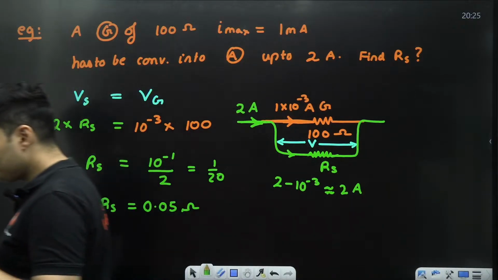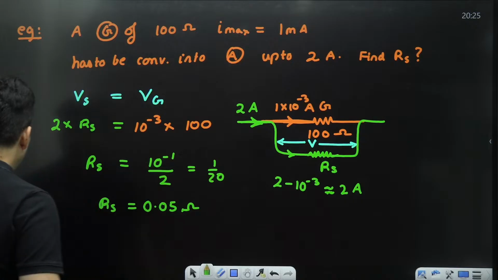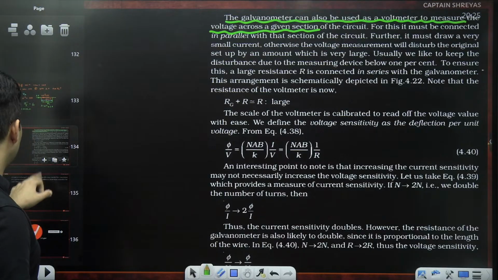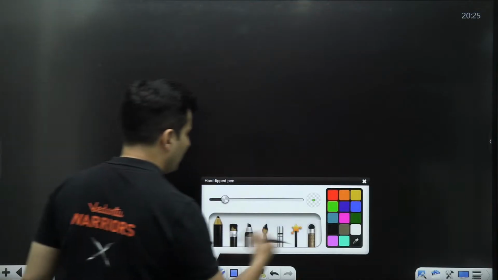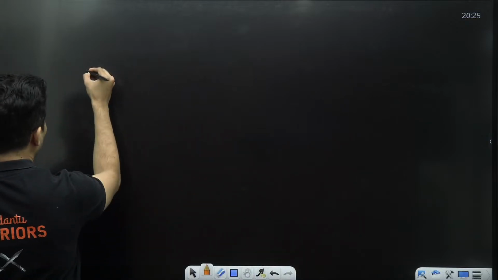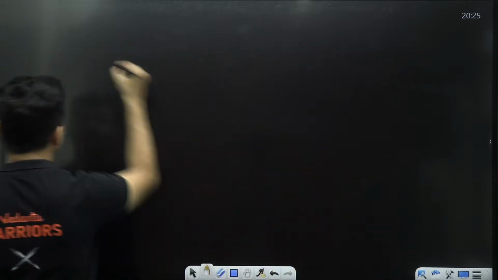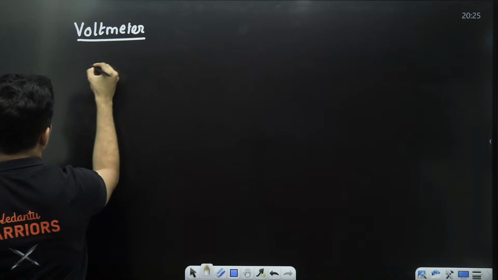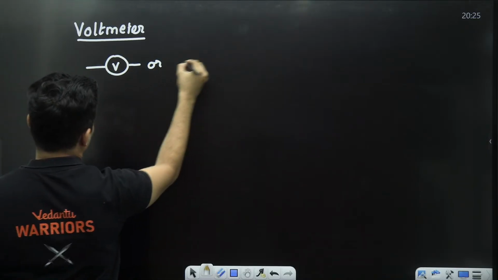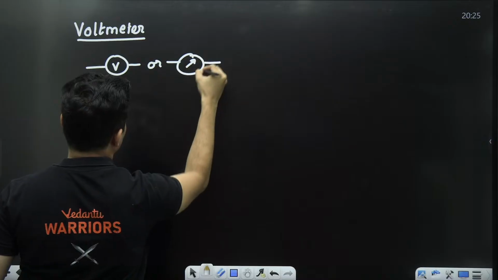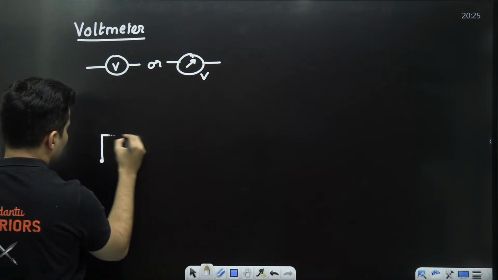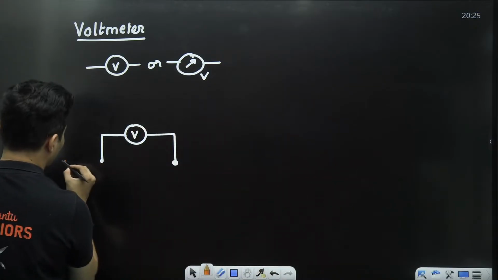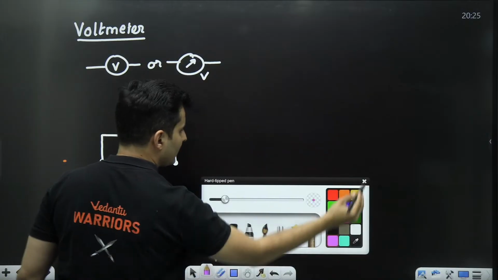Cool? Very good. Now the next application, like I said over here, is as a voltmeter. I want to measure it as a voltmeter. So how do I make use of it as a voltmeter? A voltmeter, symbol for that either this or this, is usually connected in parallel across a device.